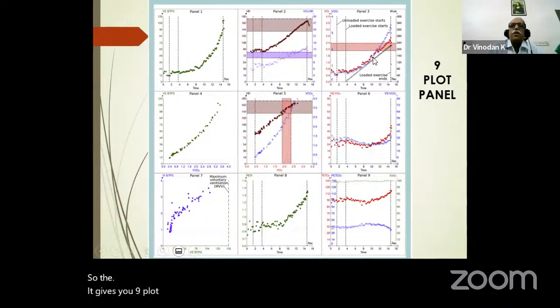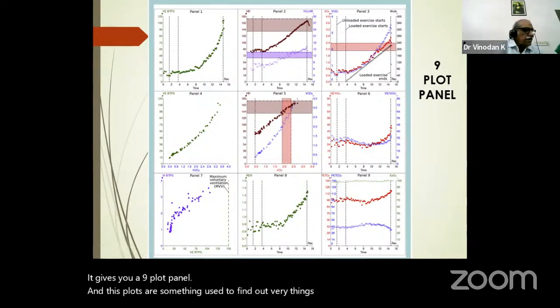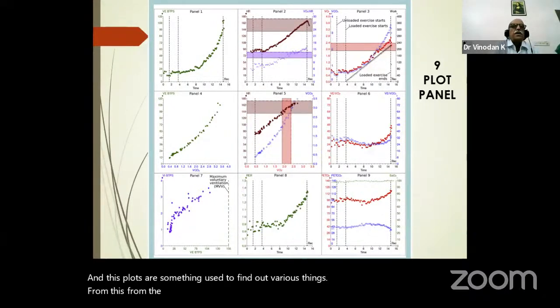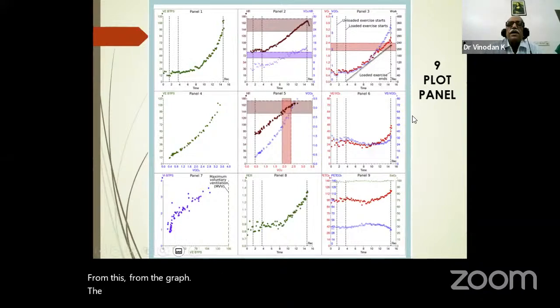These plots are used to find out various things from the graphs.